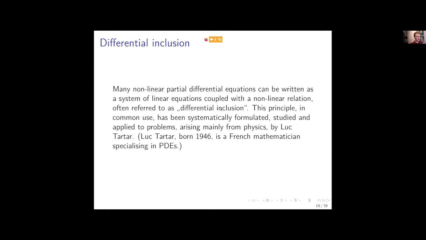This additional assumption is called a differential inclusion, and this principle was formulated and studied by Luc Tartar, a French mathematician who works on PDEs.